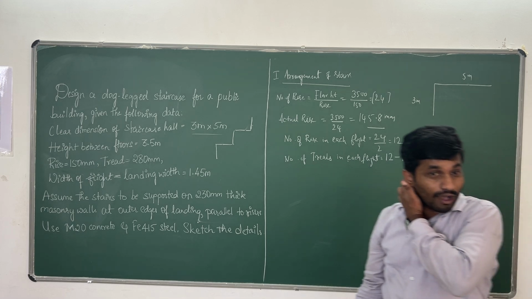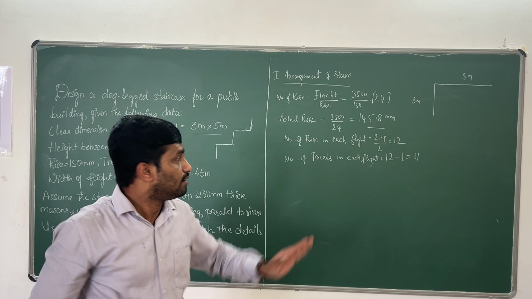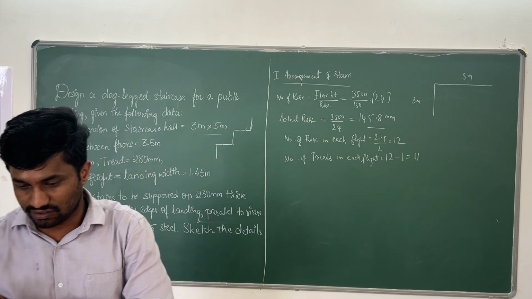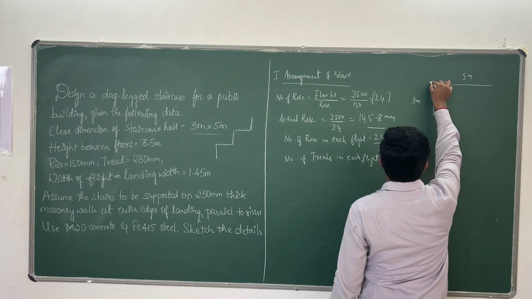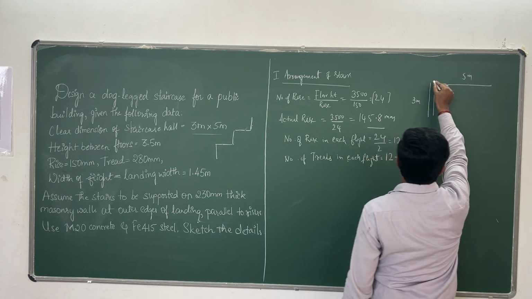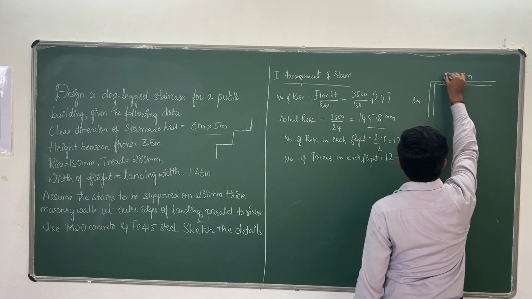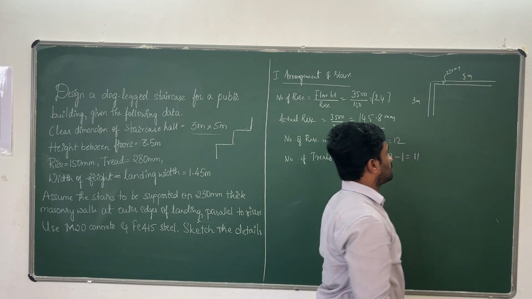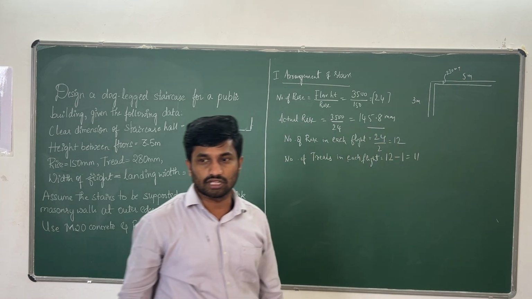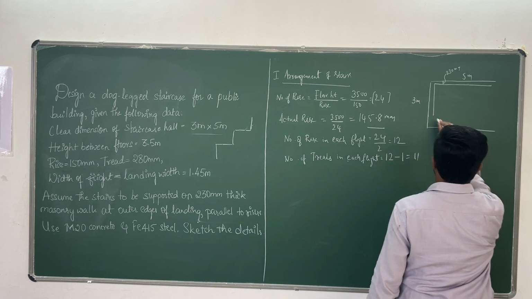Now I want to divide how many threads, how many rise. I'll write a simple plan. And also you know the thickness of the wall. The thickness of the wall is 230 mm. So first I'll write a room like this.